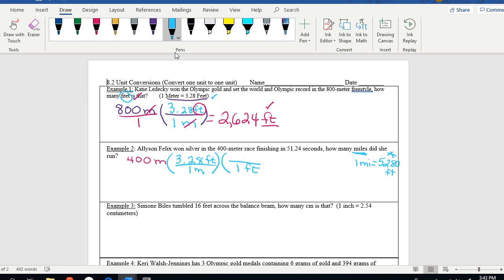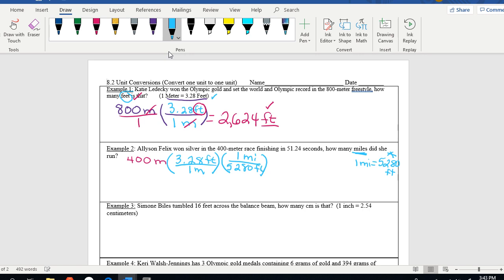Oh my goodness, I don't have 1 foot. I have 1 mile. Let me get the 1 mile. And let's correct the 1 foot, because it's not 1 foot in a mile. It's 5,280.